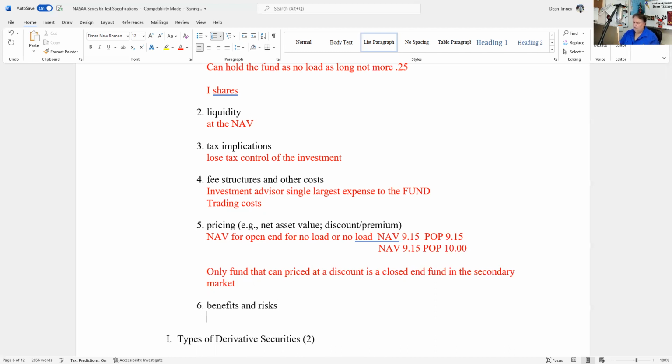So in this pooled investment, when they were discussing mutual funds, we said the major benefits of a mutual fund are professional management, diversification, and ease of ownership.